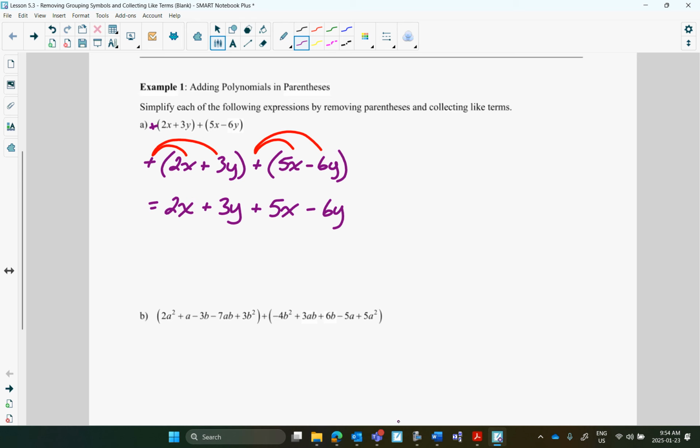Notice that when we took out the parentheses, it actually looks the exact same as when the parentheses were in there. No signs changed. So that's the nice thing about addition, you can just take the parentheses out and no signs change. And now we can collect like terms. What would this look like when I combine like terms? 7x minus 3y. Good.